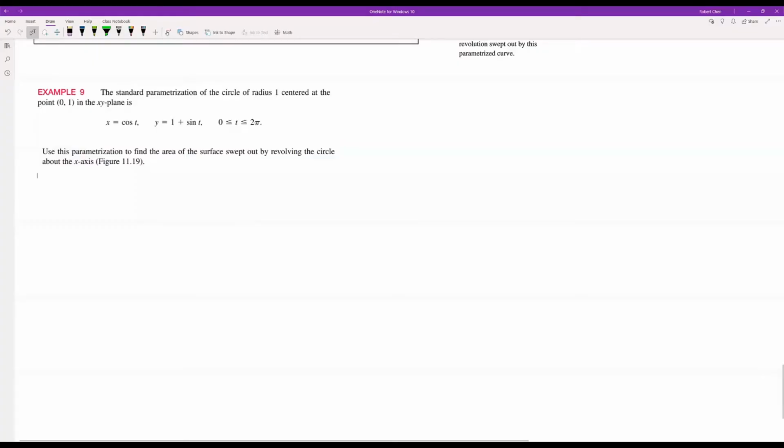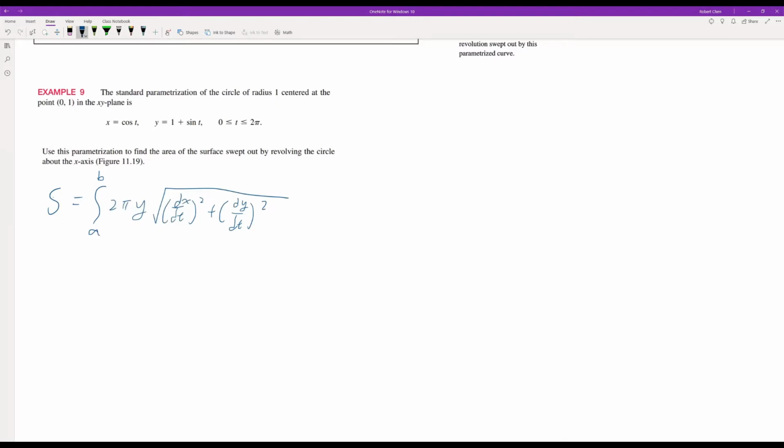So here we go. The surface area of revolution has the formula integral from a to b of 2 pi y times the square root of dx/dt squared plus dy/dt squared.